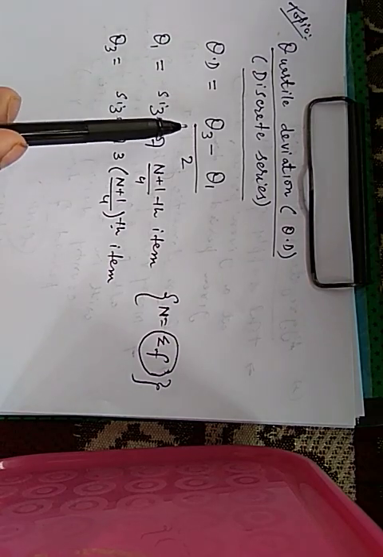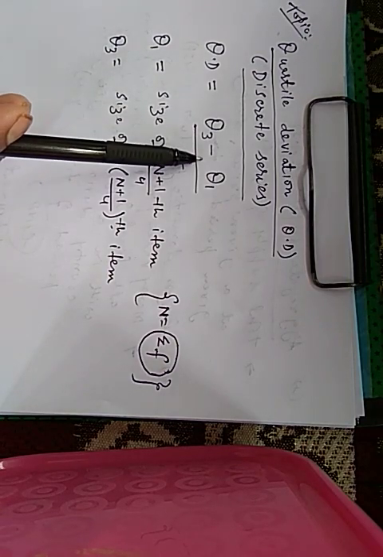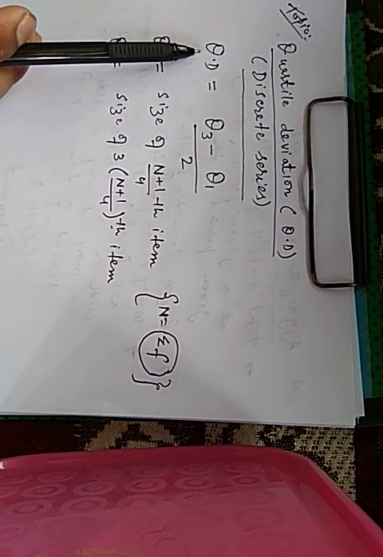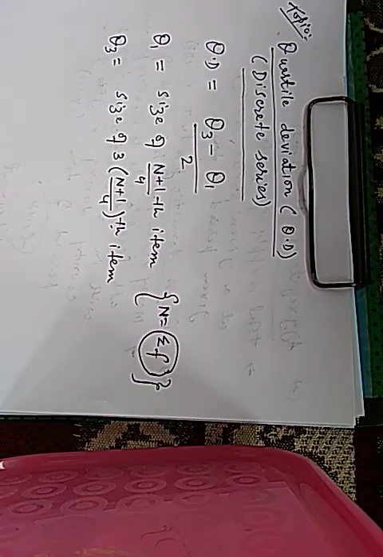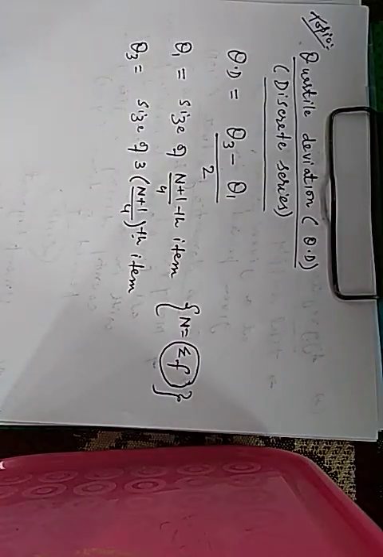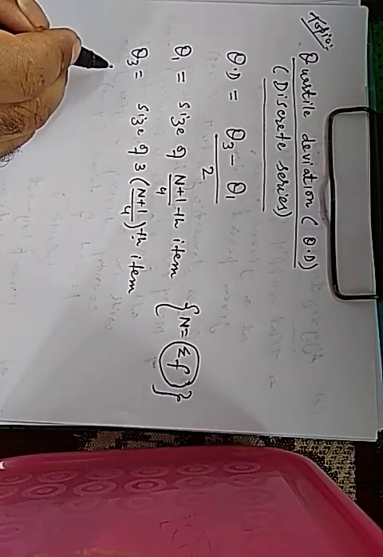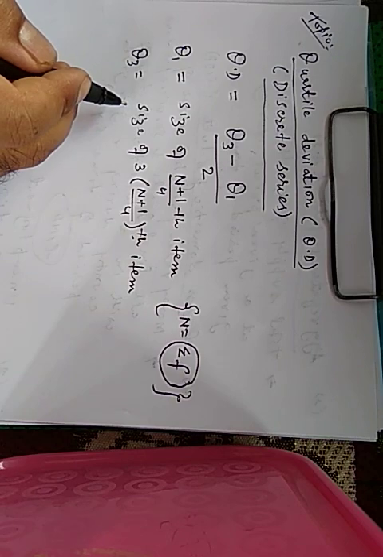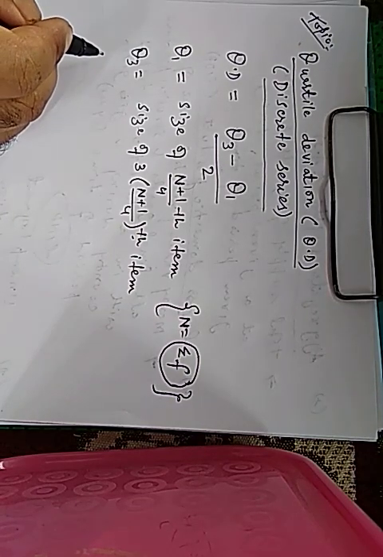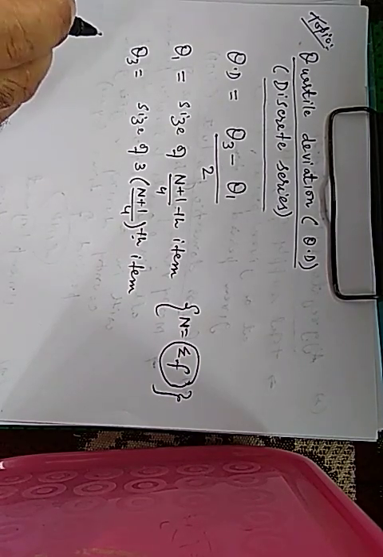Then we have to put those values in this formula to get the value of quartile division. This will be understood when we do some example. It will be more clear to you by doing this example.